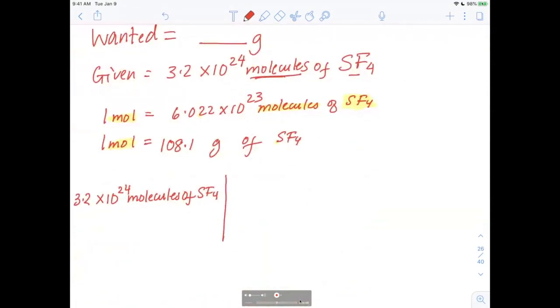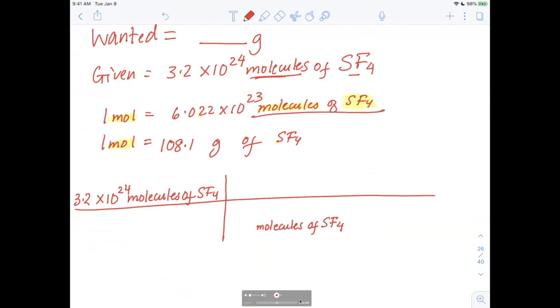Okay. So since I have this here, my conversion has to have the term molecules of SF4 below. So I look at my 2 possible conversions. Okay, I'm looking for the word molecules of SF4. There it is. So this is the conversion I have to employ next. And the part that has molecules of SF4 has to be on the bottom.